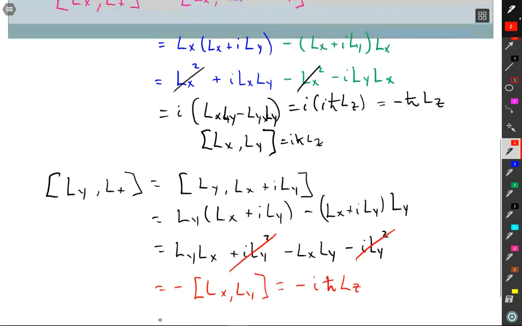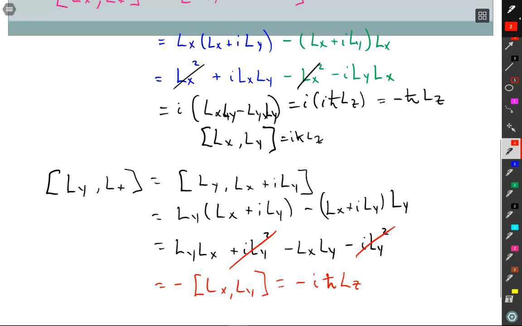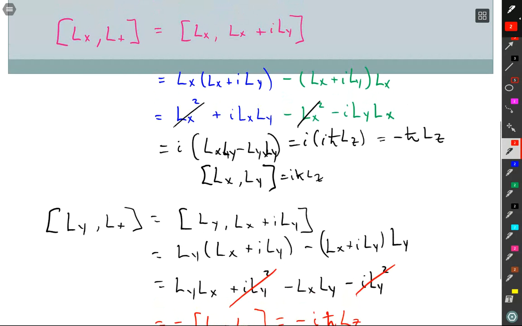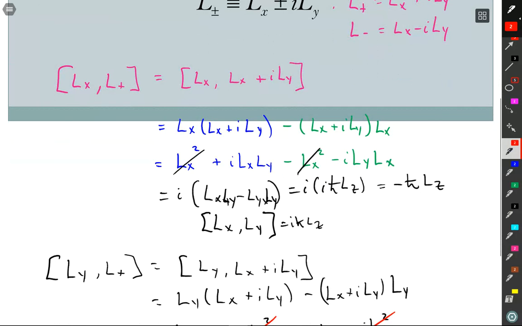And if I'd done L minus, what would have been different? The difference between L plus and L minus is changing the sign of the term with the imaginary number.